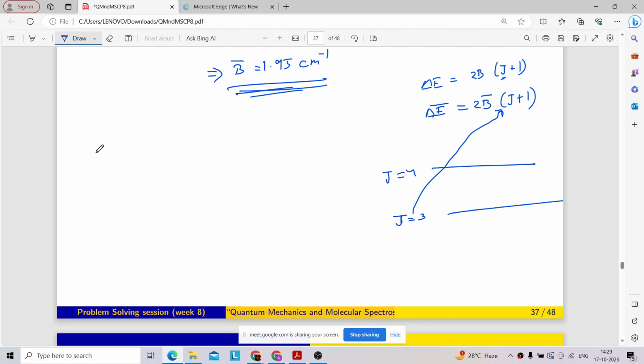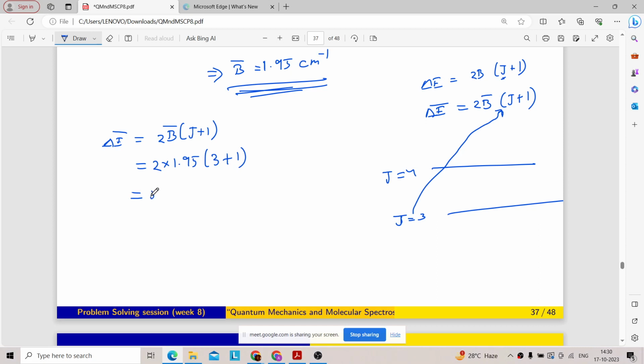So the energy line will be 2B bar times J plus 1, or 2 times 1.95 times 3 plus 1.